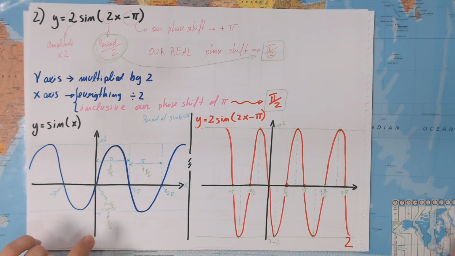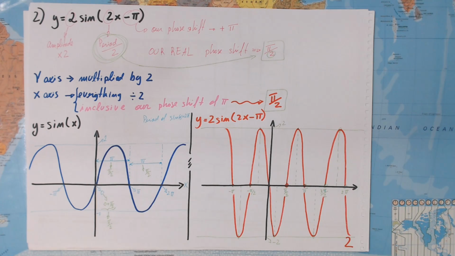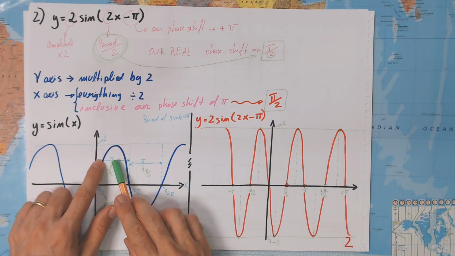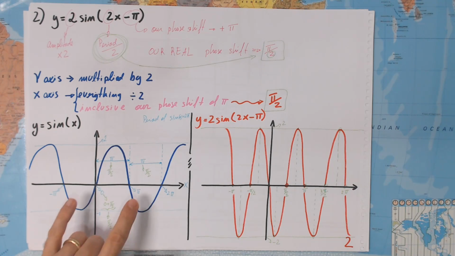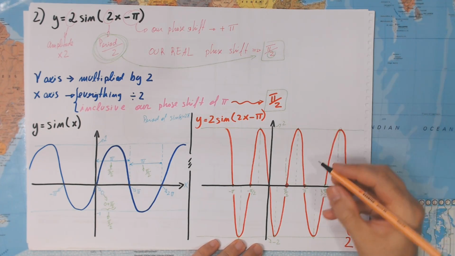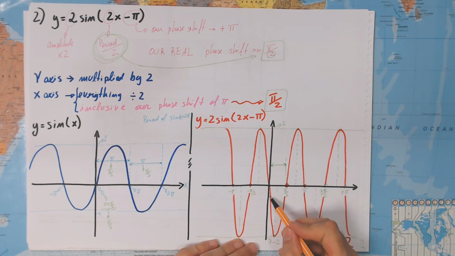And now I'm going to prove to you that this chart is correct. Well, if we used to have pi in here, half period pi, so half period should be pi over 2. Everything here we must divide. This is half period, right?